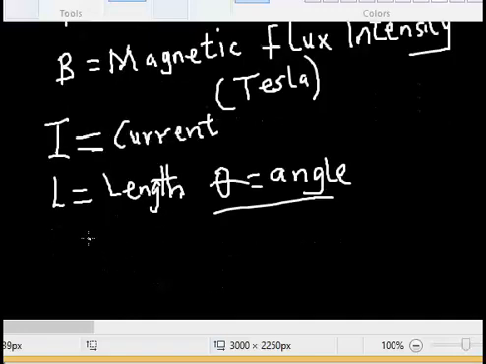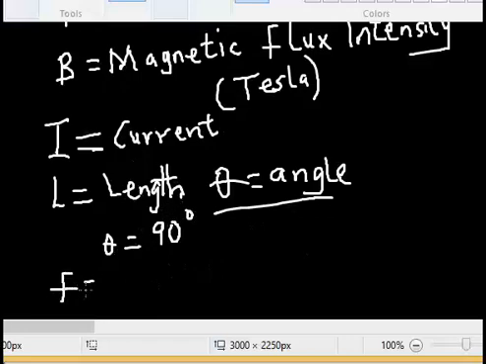So which simply means that when the angle theta between the direction of the current and the field is perpendicular, that means the force is going to be equal to BIL sine theta, because at a perpendicular direction the angle is 90 degrees, so sine 90.